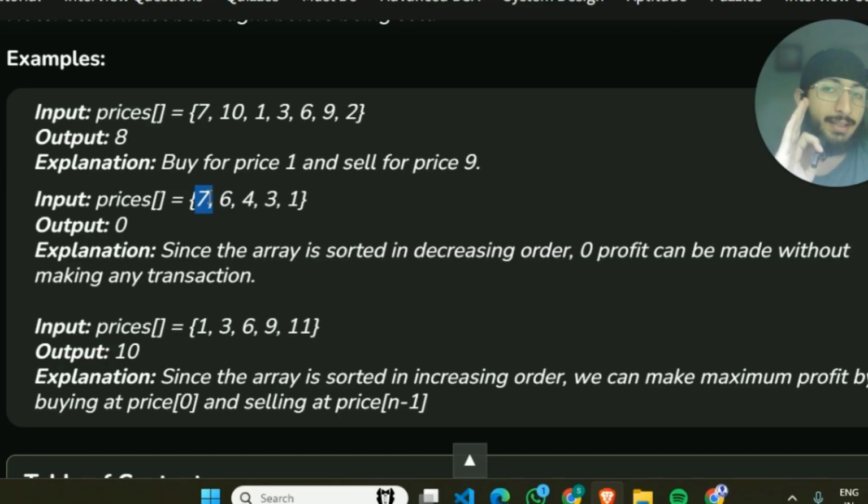So if we buy a stock of price 7, then we'll have to sell it at a lower cost. There is no other case where we can find a higher cost than 7, because this array is sorted in descending order. That is why zero profit can be made in this array.